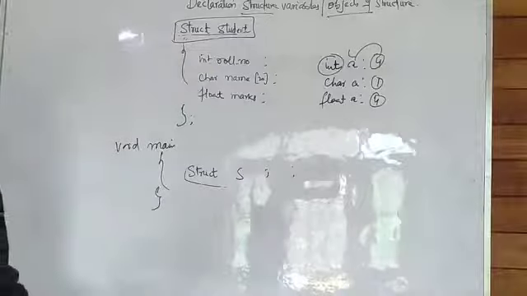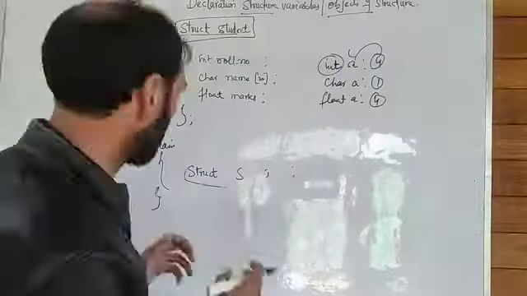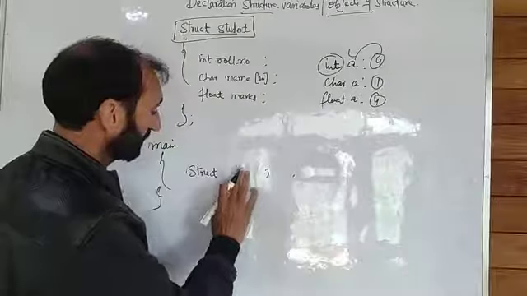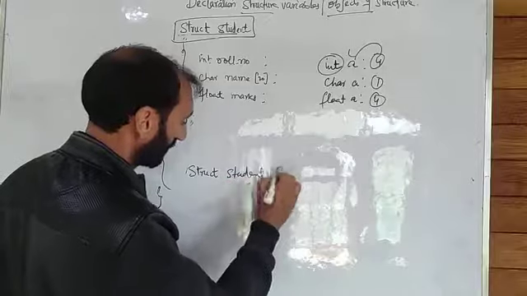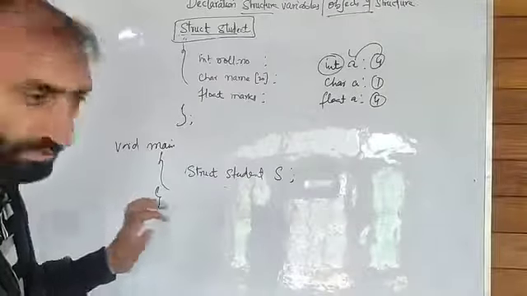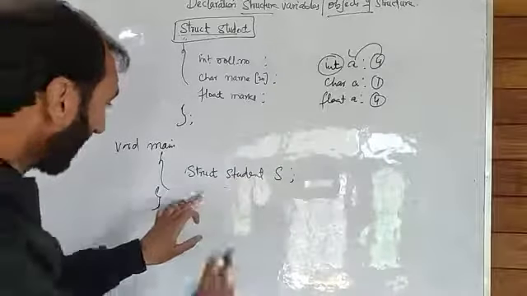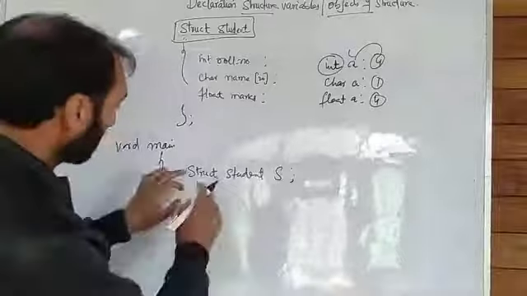So whenever I am going to declare the objects of the structure, or you can say variables of the structure, I have to write the full name, struct student s. By writing this struct student, the compiler will understand what s is.